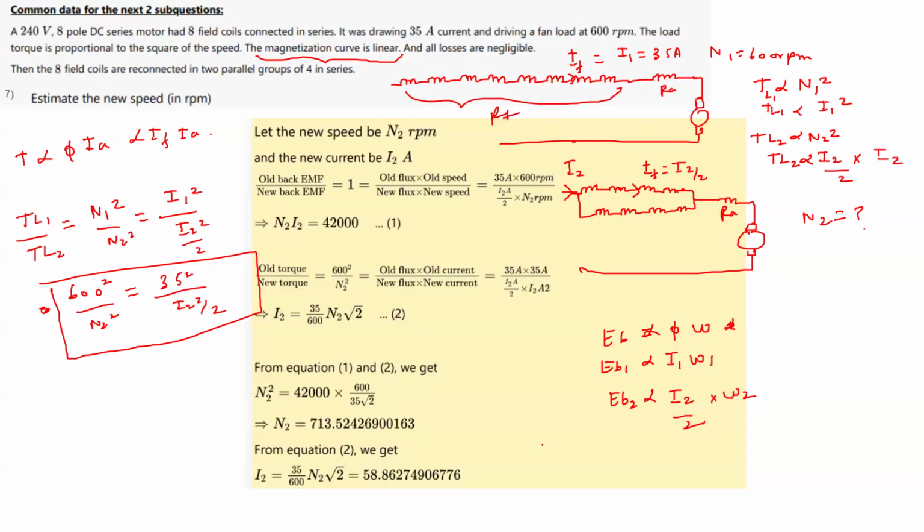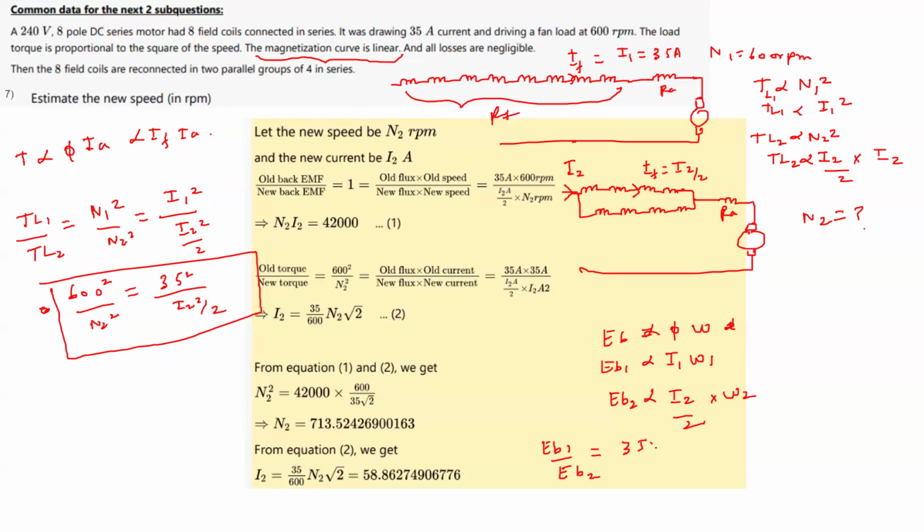So if I take the ratio of these two, EB1 by EB2, this is equal to I1 omega 1.